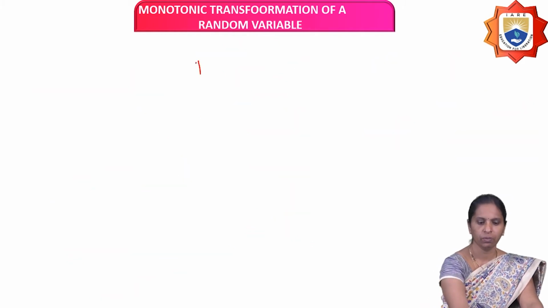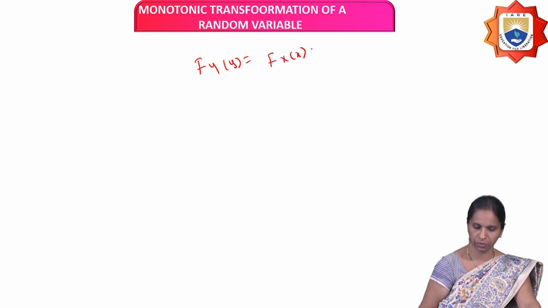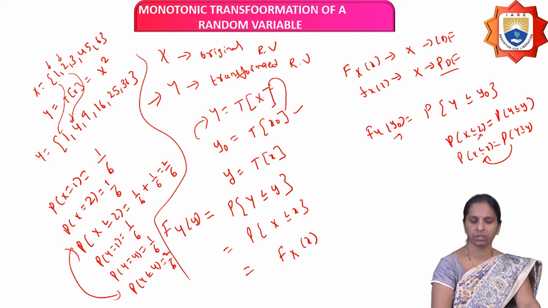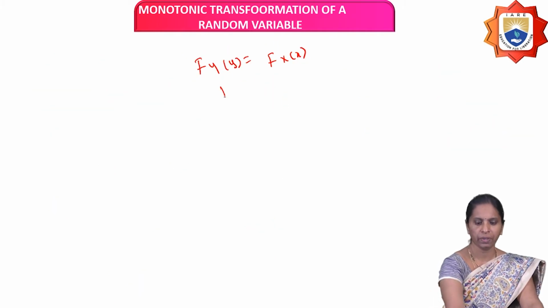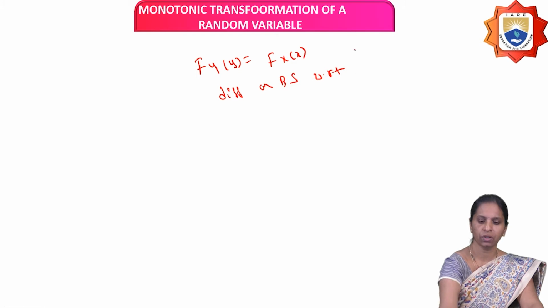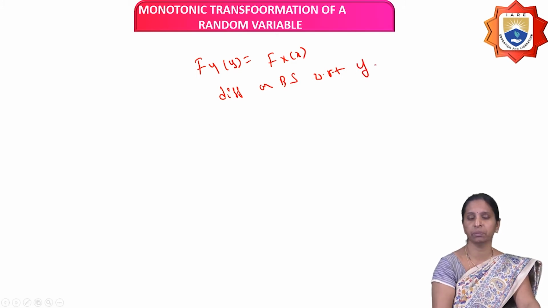It means the distribution function of the random variable Y, Fy of y, is equal to Fx of x. Now, differentiate on both sides with respect to y, because you want the density function of the new random variable Y. That is why we differentiate both with respect to y.